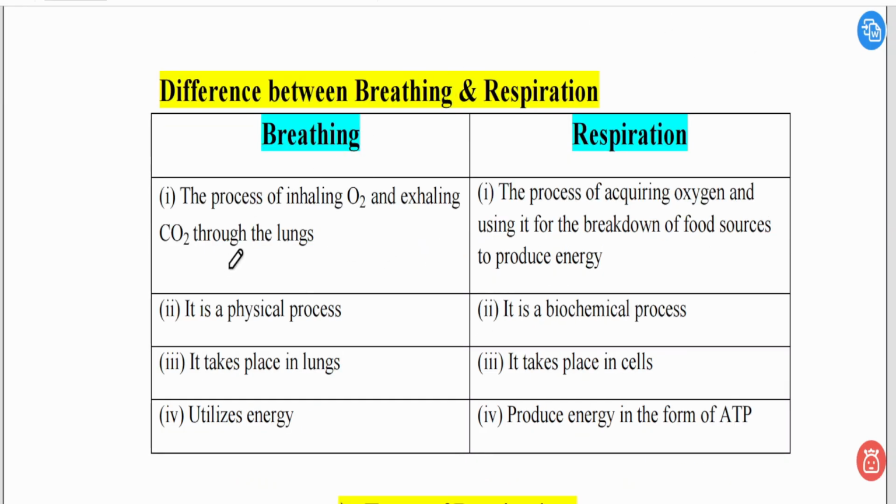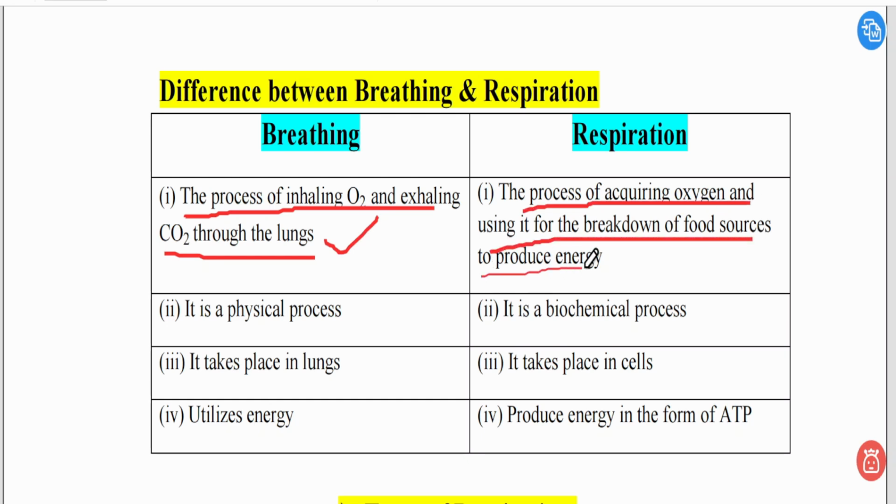As I already told, breathing is a process of inhaling oxygen and exhaling carbon dioxide through the lungs. And respiration is the process of acquiring oxygen and using it for the breakdown of food sources to produce energy. Breathing happens in the lungs, but respiration happens in the cells of our body.